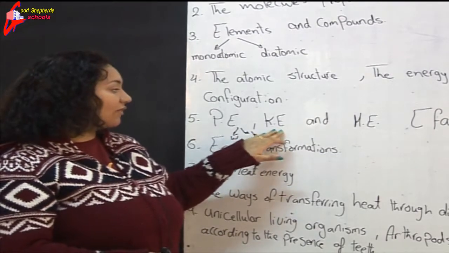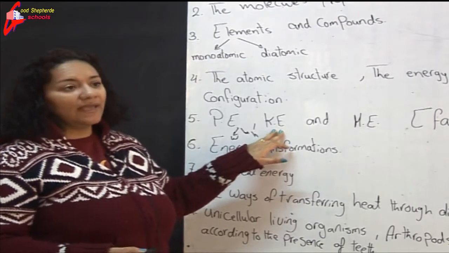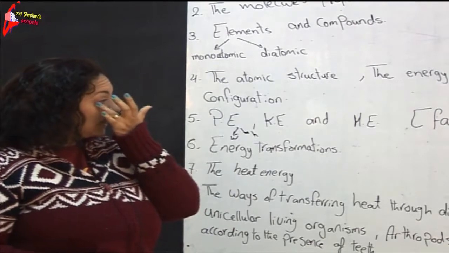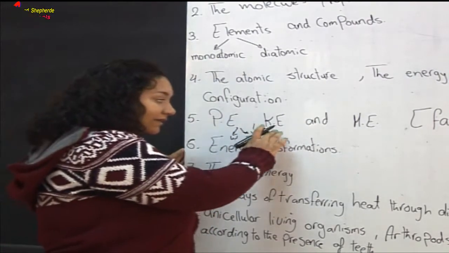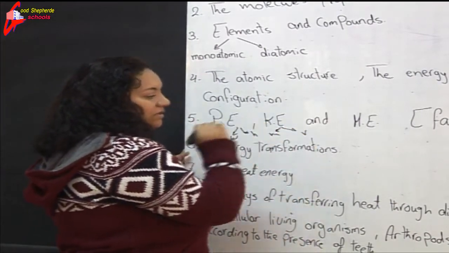So it is the energy of the object's motion, it's responsible for the motion. It's affected by two things, the mass of the object and its speed or its velocity. So the kinetic energy is affected by mass and velocity.